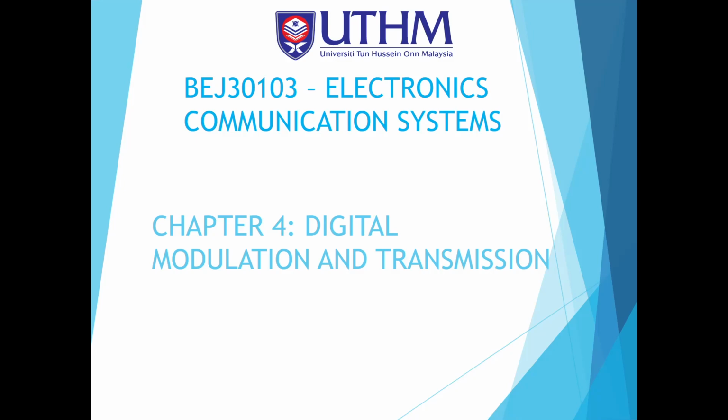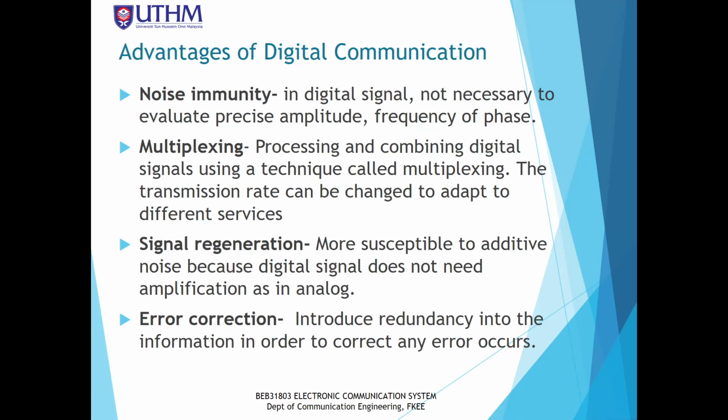You will learn again about the modulation and also the transmission process, but this time it is done by the digital system, digital transmitter and also the digital receiver. There are many advantages of digital communication compared to the analog system.